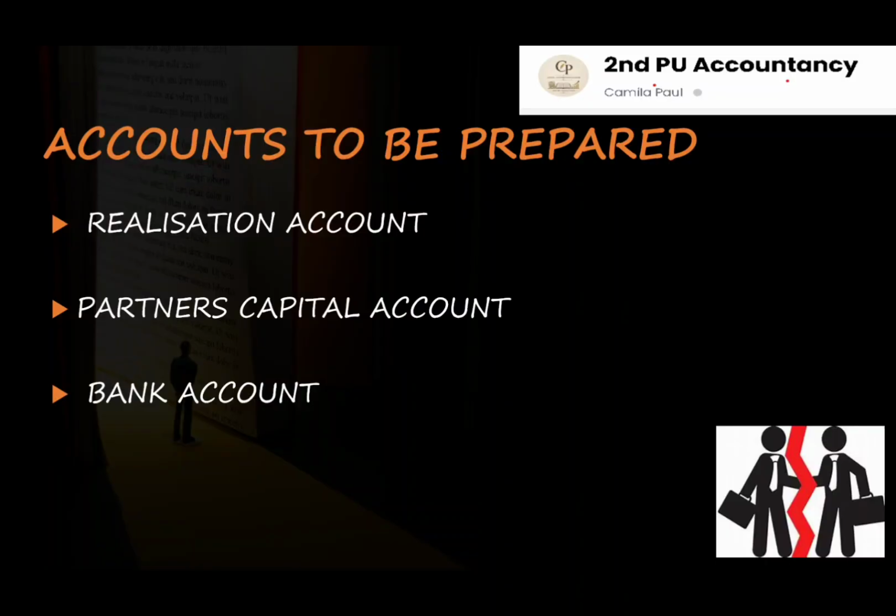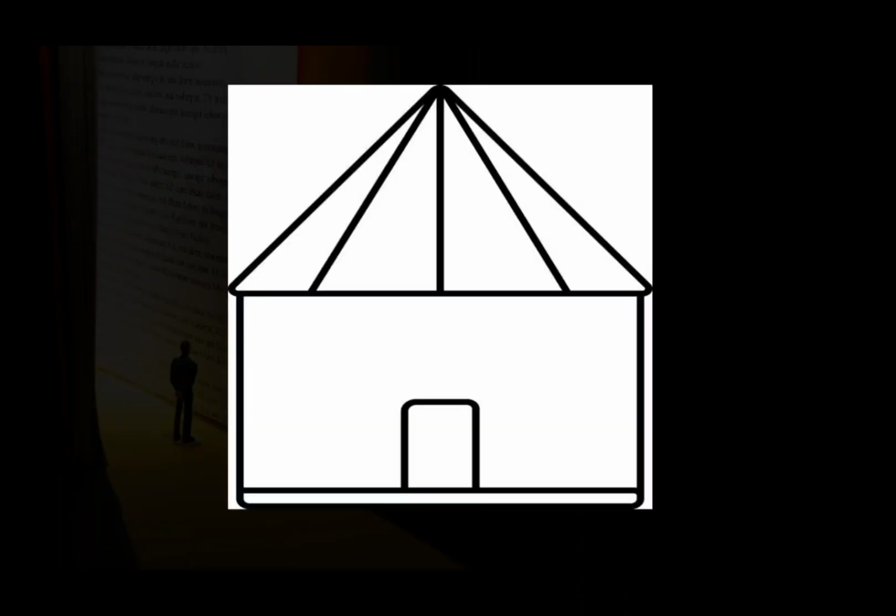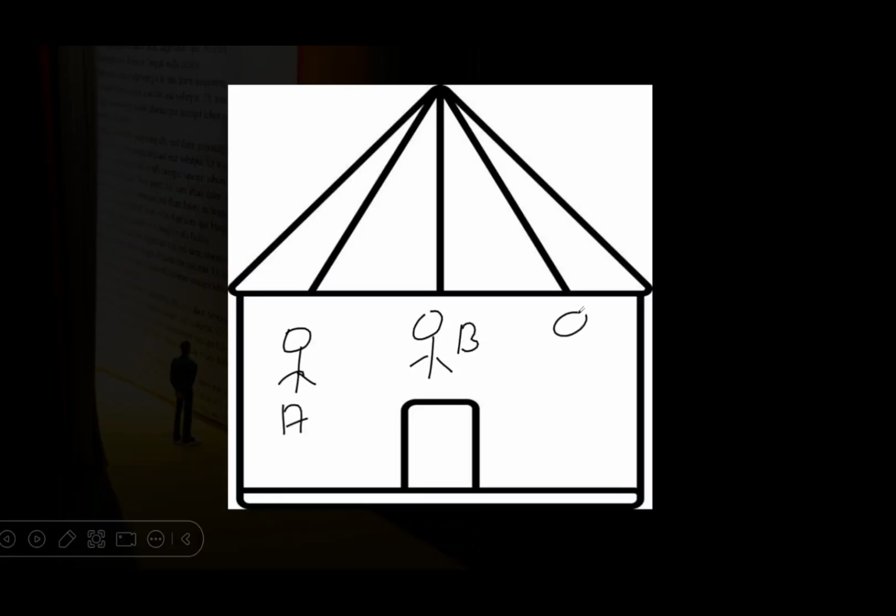Now, before we see the preparation of a realization account, let's imagine that we are running a business concern with three partners: partner A, partner B, and partner C. Now, due to certain circumstances or some reasons, they want to dissolve the firm.